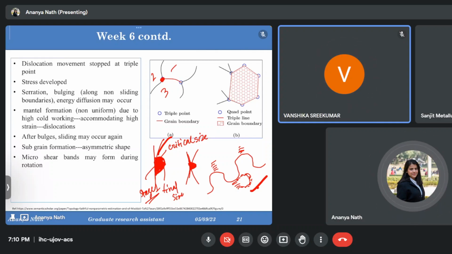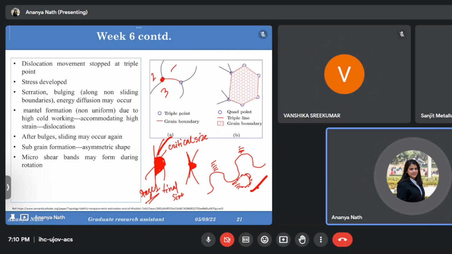Yes, so there is some particular orientation in each grain. There is a particular orientation in the dislocations, which have some low angle configuration. And now these low angle configuration dislocations are interacting with each other, intersecting with each other.